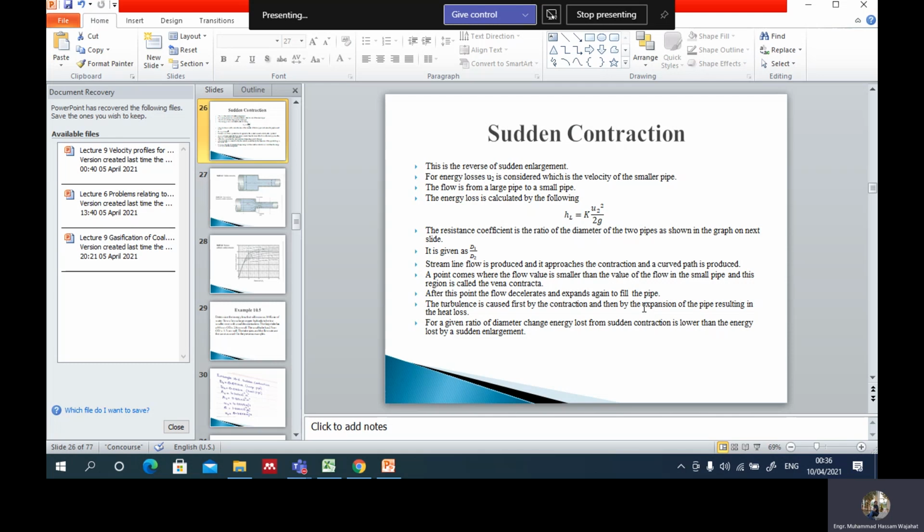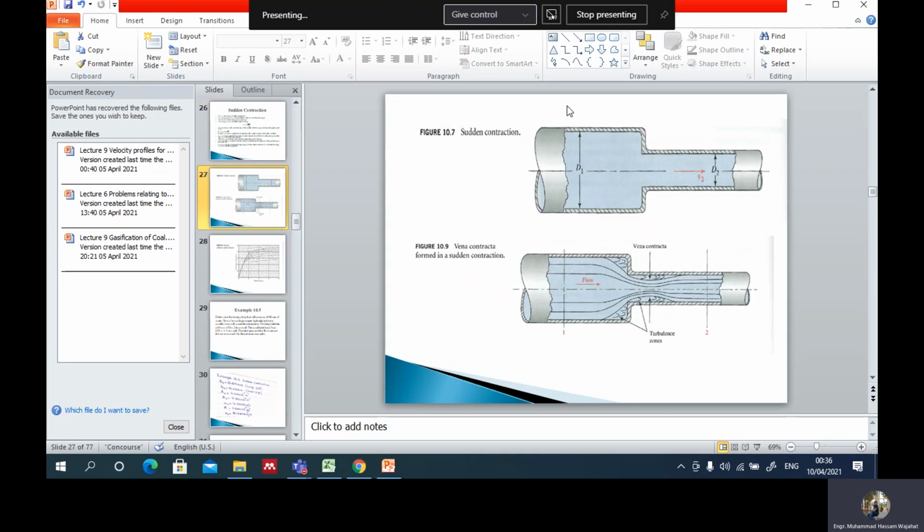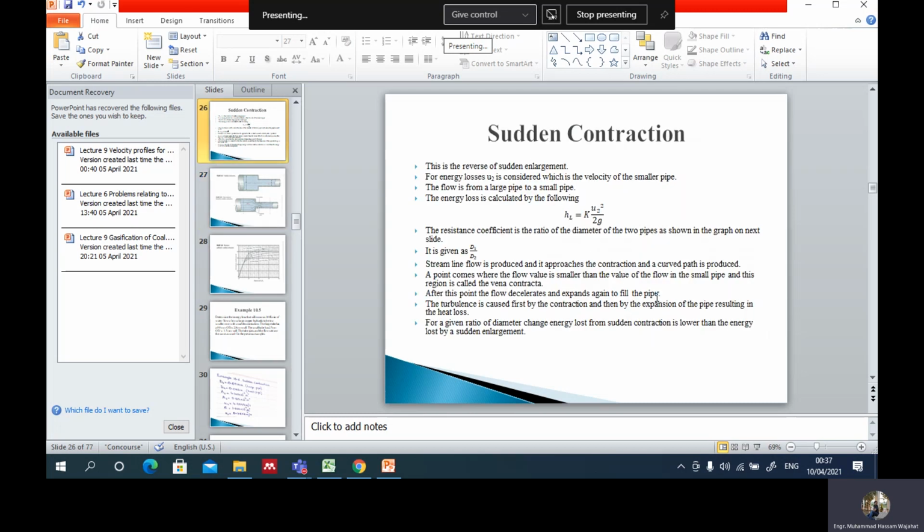A point comes in the flow where the value is smaller than the value of flow in the smaller pipe. If you look at this smaller pipe, there is a point where the value is smaller than the value of the flow in the small pipe, and this region is called the vena contracta.